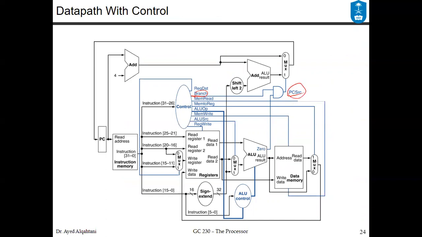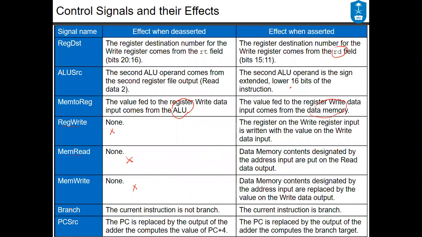So the BC source tells you that the instruction is a branch, and also that the registers are equal. The branch signal, if it is deasserted, equal to 0, means the current instruction is not a branch. When it is asserted, it means that it is a branch.